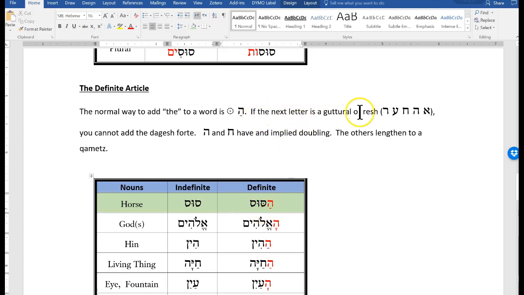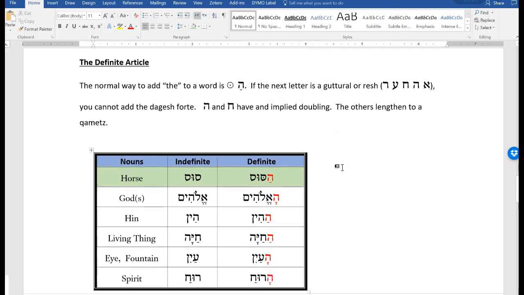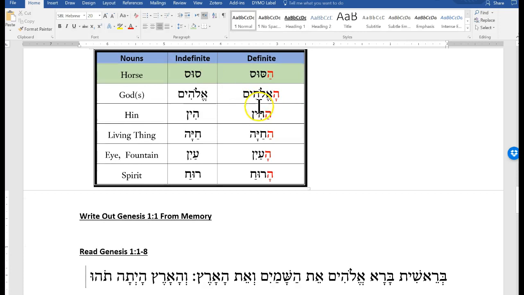The problem comes if the next letter is a guttural or resh, then some unusual things happen. If it's a H sound, so either hey or chet, you have what's called a virtual dagesh, so you don't put it in there, but nothing changes.